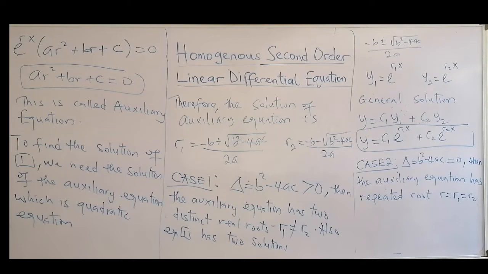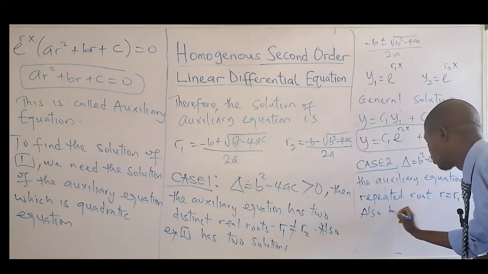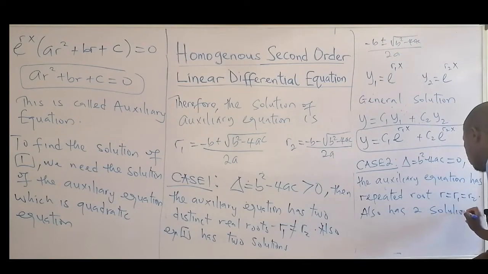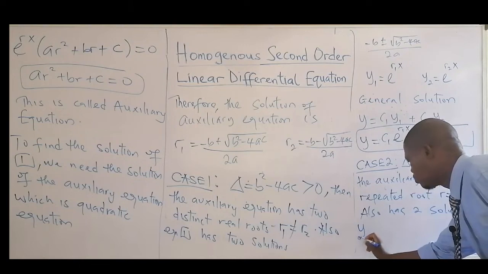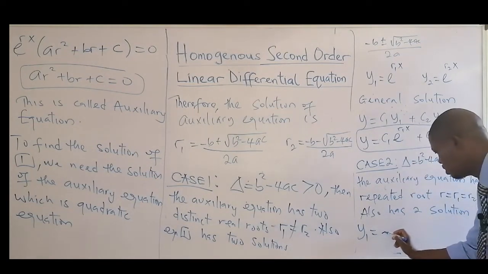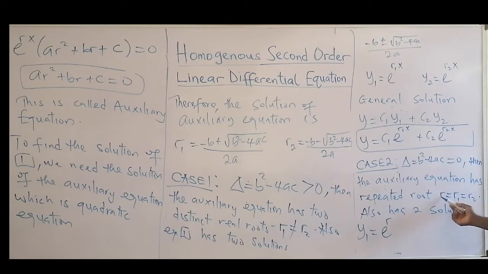So in that case, the equation also has two solutions, which will be y1 equal to e to the r x, since r1 is equal to r2, so it's equal to r.